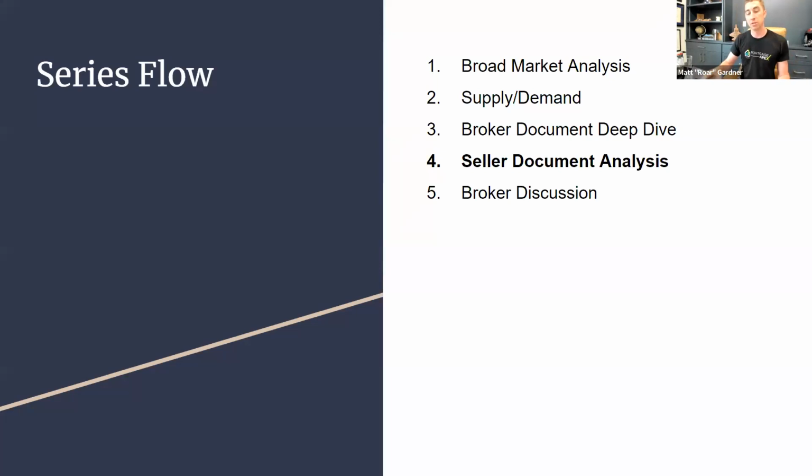Last week, Josh and Reggie jumped into more of the broker document deep dive, CoStar reports, and kind of went deep into that. And then this week, we're going to talk more about a seller document analysis. So kind of what does the seller provide? How do you analyze the documents that are given? What should you be thinking in that regard? And then next week, we'll have the brokers come on, and that's going to kind of sum up this series of analysis from broad to very narrow. And then we'll figure out whatever the next flow is going to be, whether it's creating proformas or whatever we want to do from there.